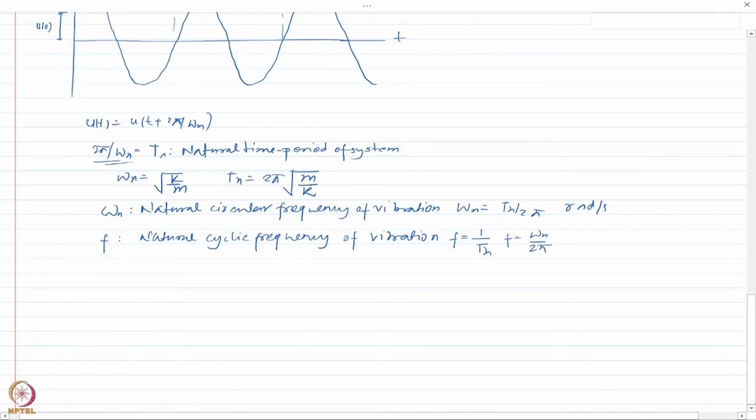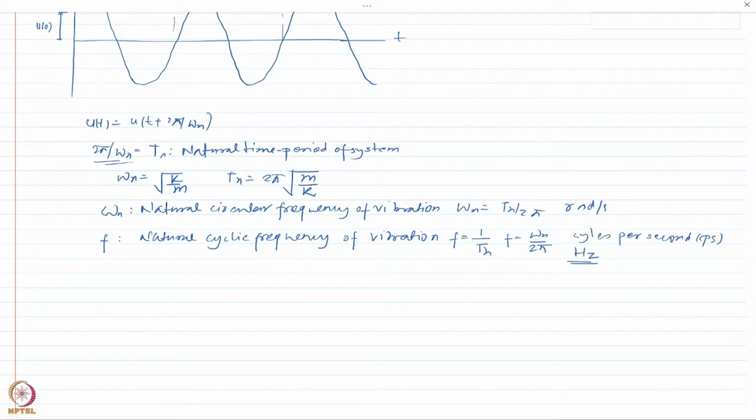The unit of f is cycles per second, or in short CPS, but more commonly you will see hertz used as the unit of the natural cyclic frequency of vibration.